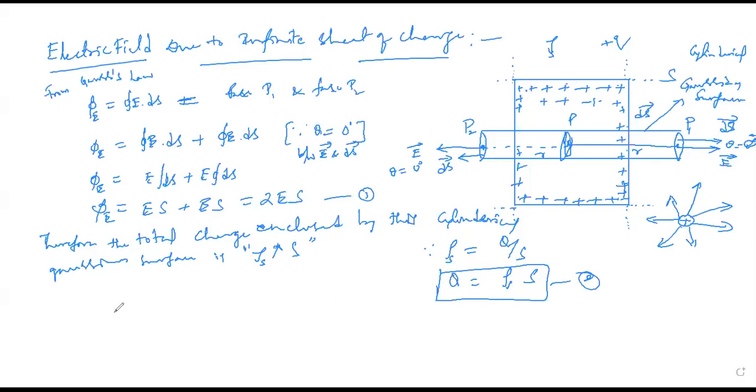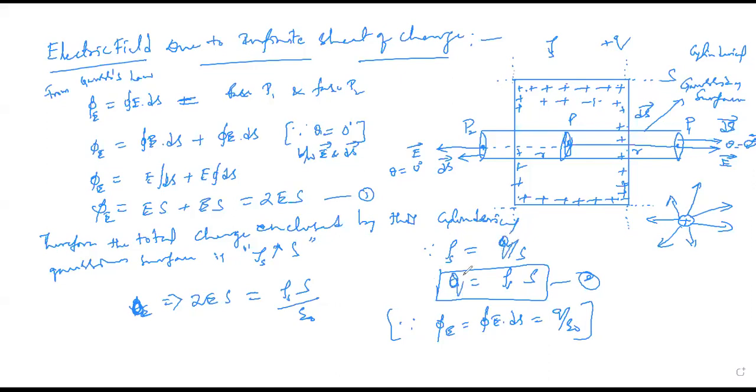Now from 1 and 2, from Gauss law, we can write that phi e is equal to 2ES, which should be equal to rho s into capital S divided by epsilon. The actual statement from Gauss law is that phi e is equal to the closed integral of E dot ds, which should be equal to Q by epsilon. I just substituted this Q value, and here I had written a capital Q, so I'll write small q here also, otherwise you will get confused.